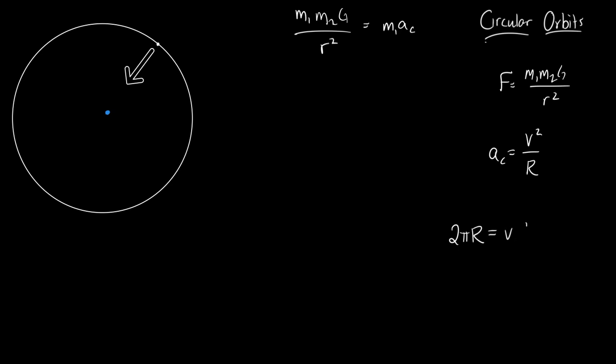And how long it takes for them to do so will depend on how fast they are traveling. This velocity and this velocity are the same. This is still the radius of curvature that corresponds to this r. The separation distance may be the radius of curvature, or it may not. It'll depend on our situation.